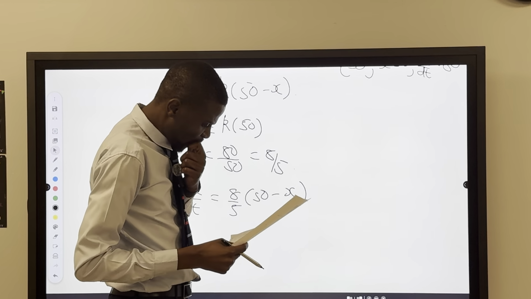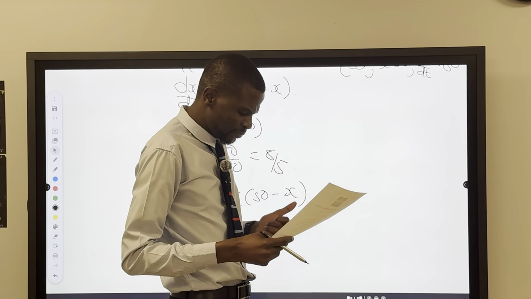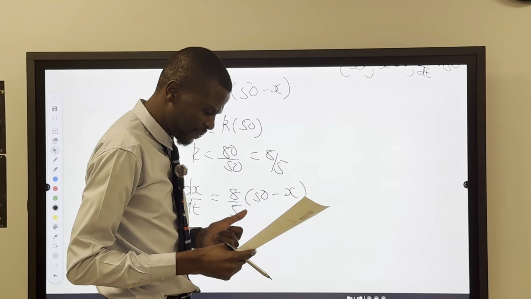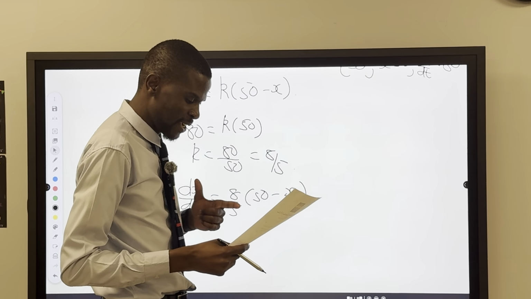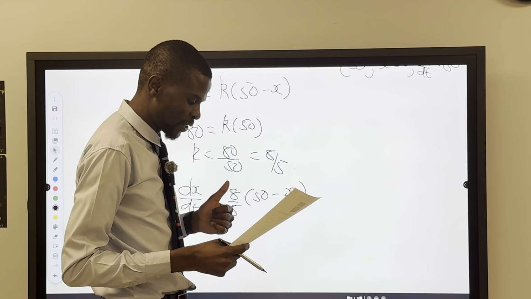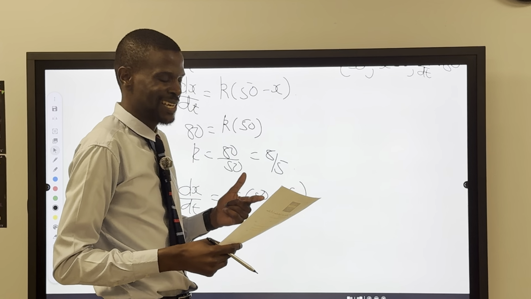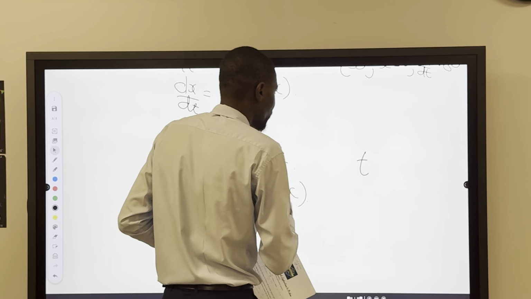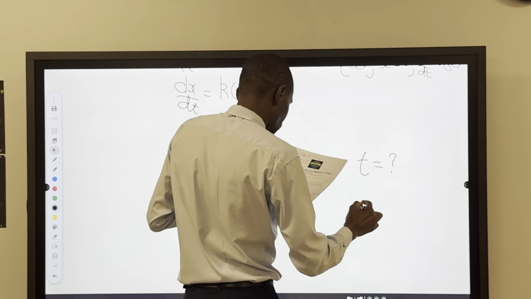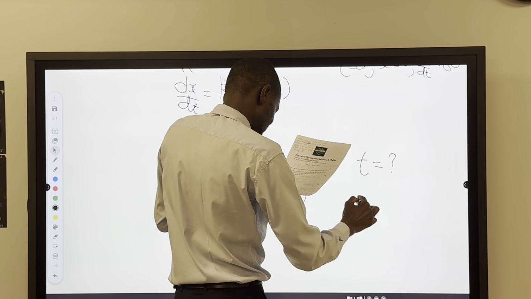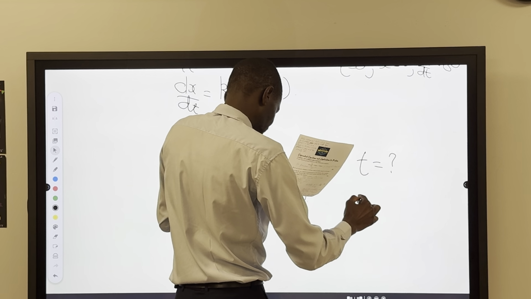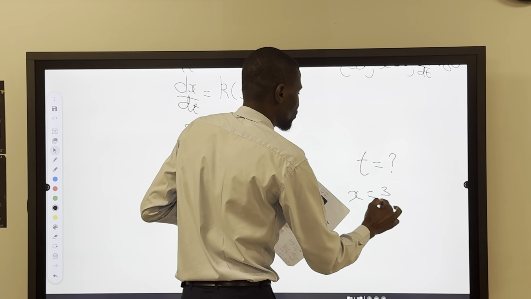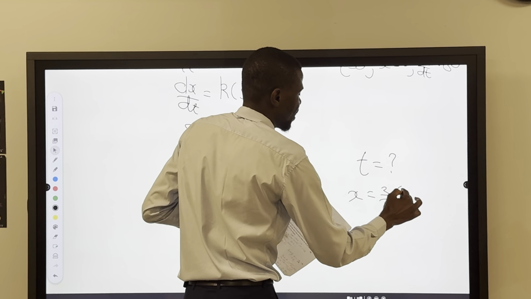But remember, we need to find the time, to the nearest minute, that the car takes to cover 3/5 of the distance. So here we need to find the time when x is equal to 3/5 of the total distance.